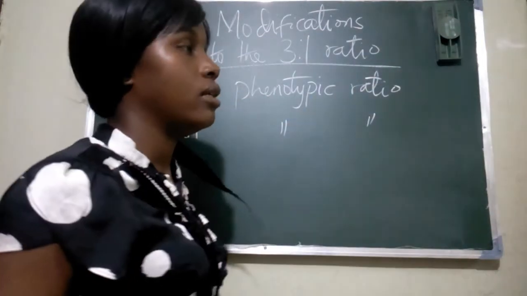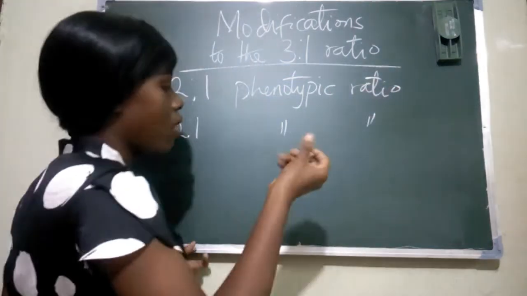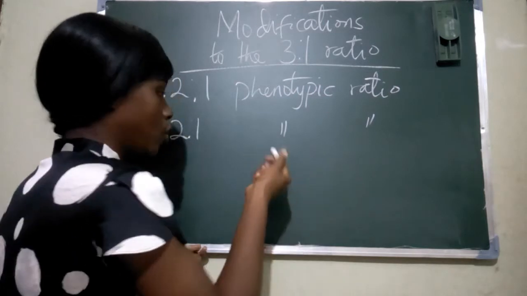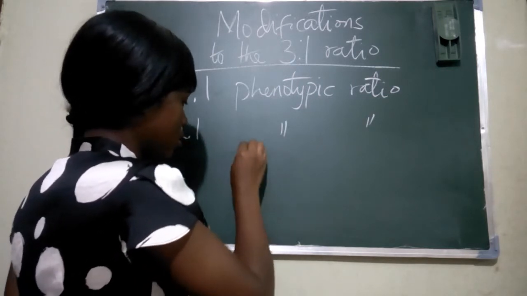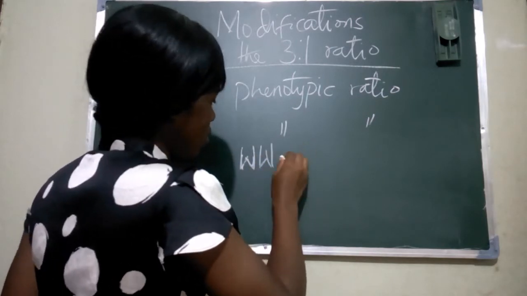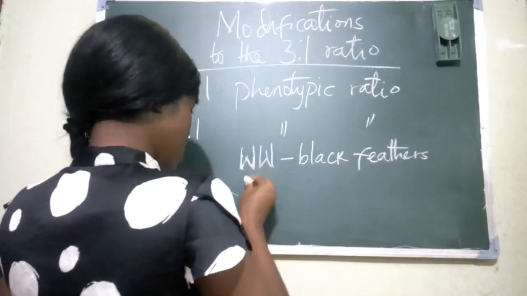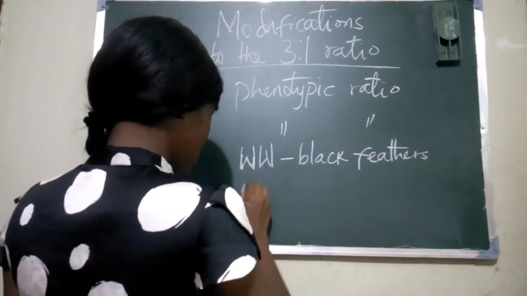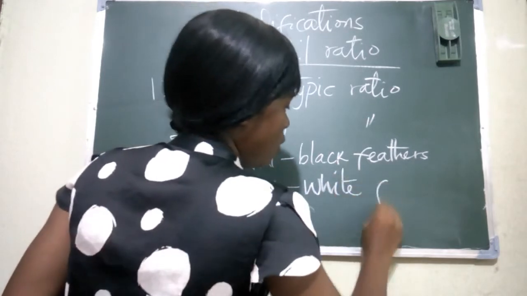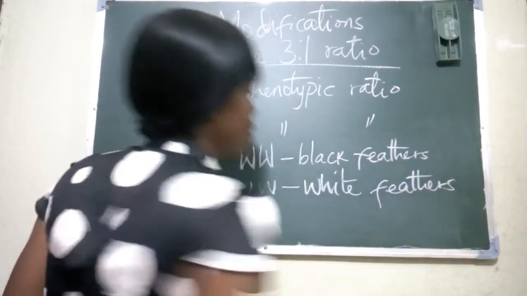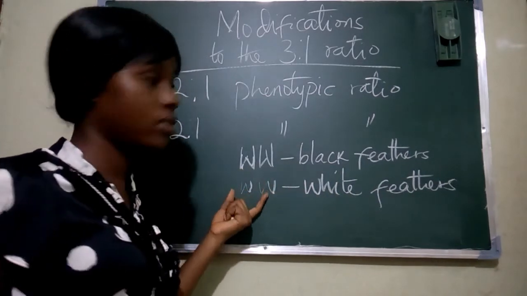Okay, for animals like chickens, let's say the color of their feathers, you cross a black feathered fowl with a white feathered one, assuming the white feathers are the recessive alleles for feather color.